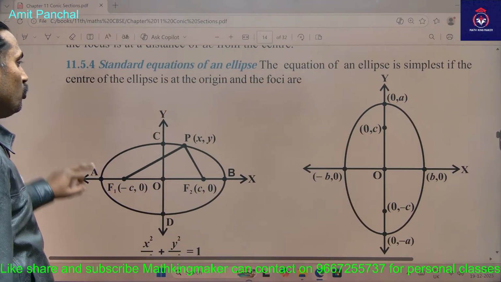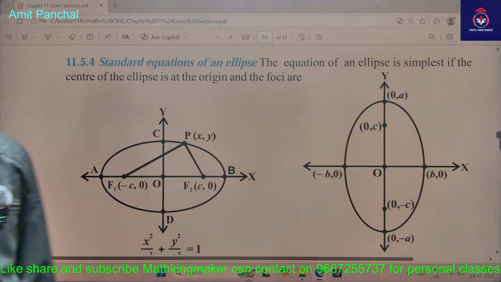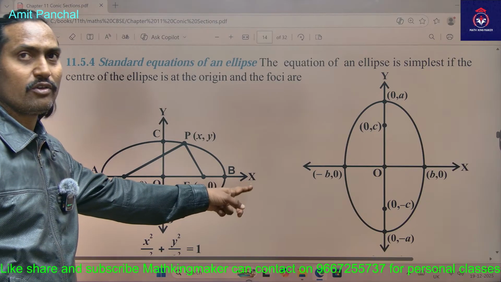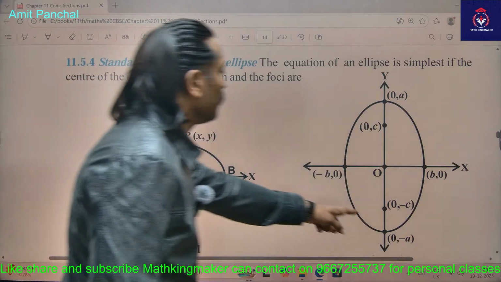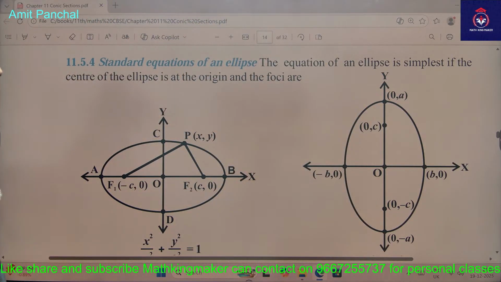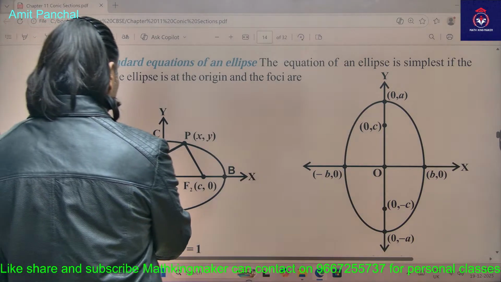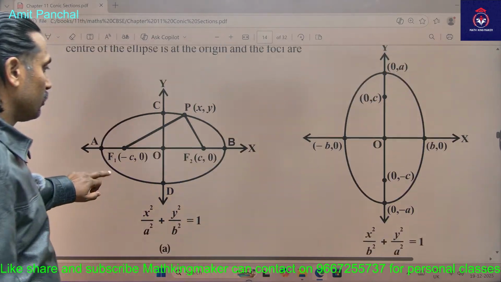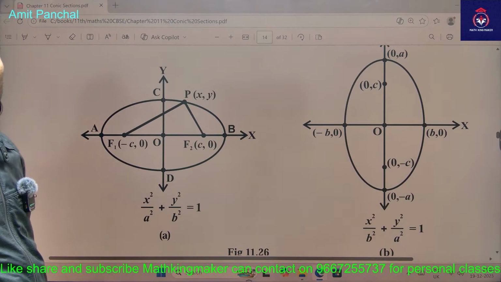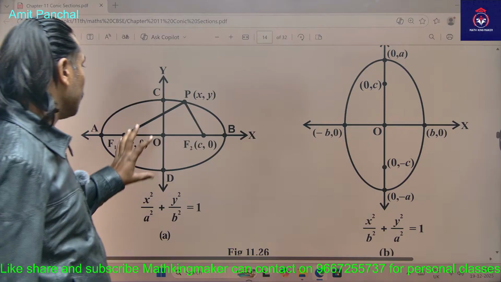Now these are two standard forms of ellipse. The major axis may be lying on the x-axis or on the y-axis, and your equation will have some changes.